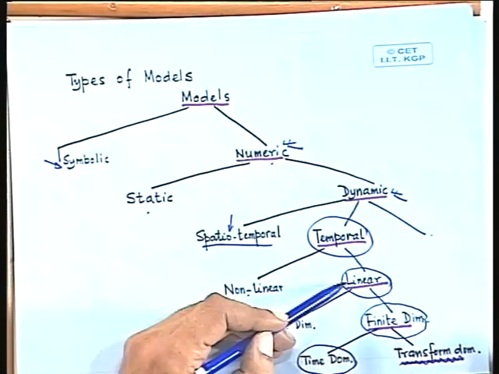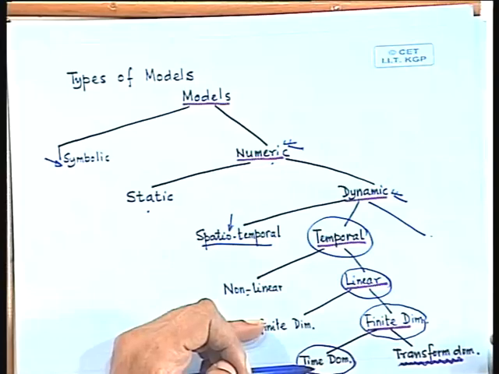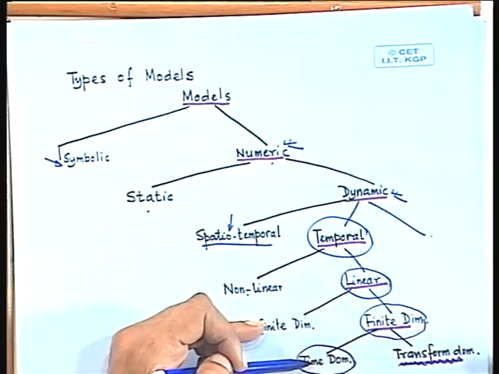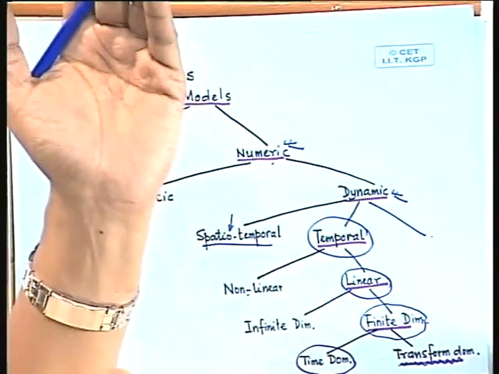For example, a linear finite dimensional time domain model could be either time varying parameter or time invariant. It could be either single input or multiple input. There are so many other categorizations, but suffice it to say here that we are generally interested in linear finite dimensional, single input single output, and generally time invariant models.